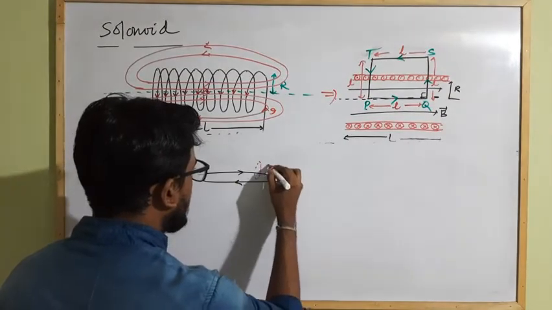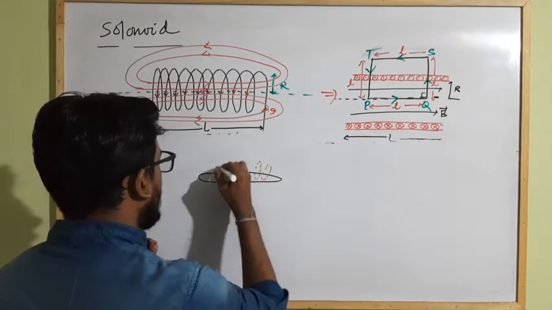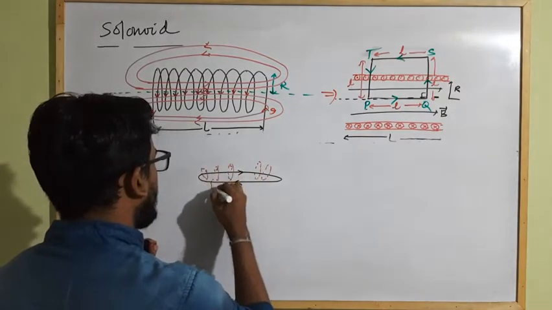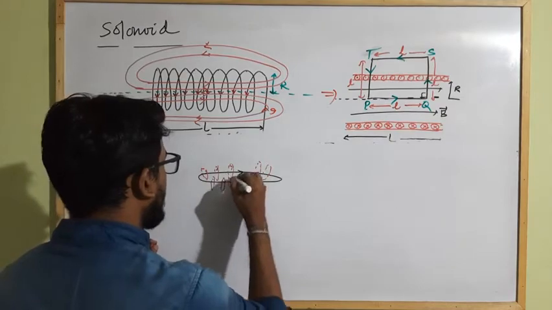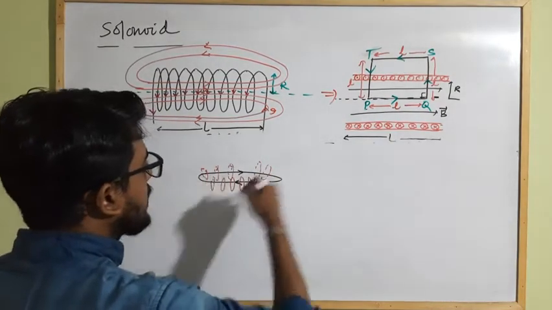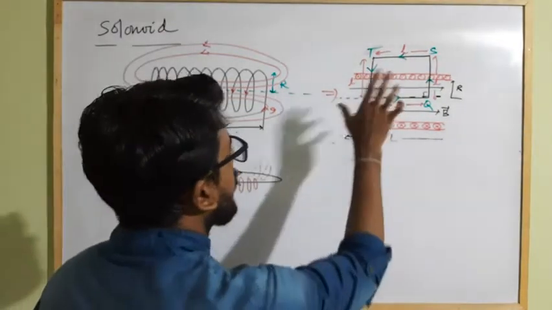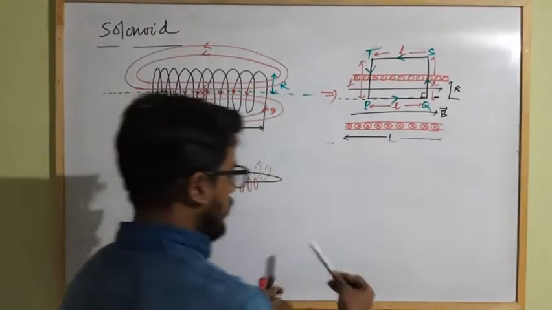At this point it is like this, at this point like this. At each and every point the magnetic field lines are concentric circles, and they increase their radius gradually. Clear? So just assume 3 closed rings of a solenoid.